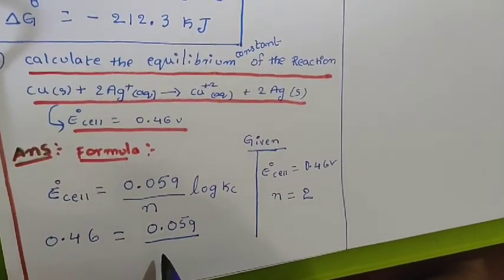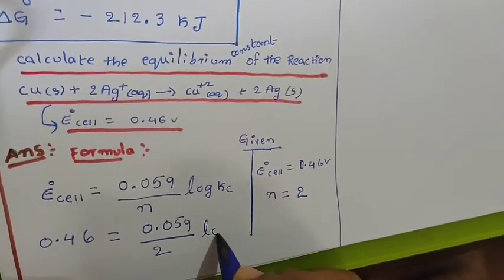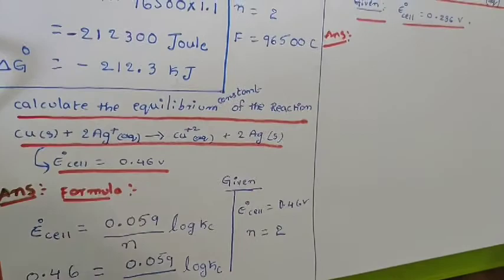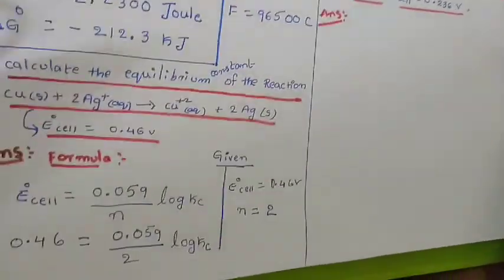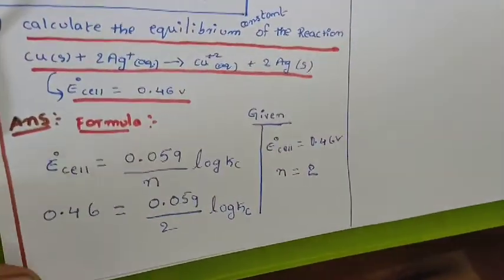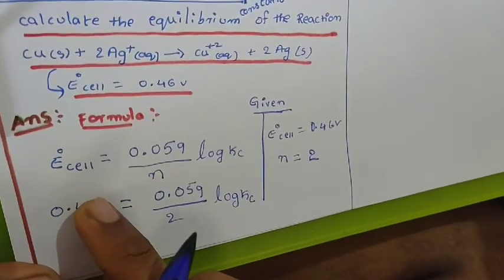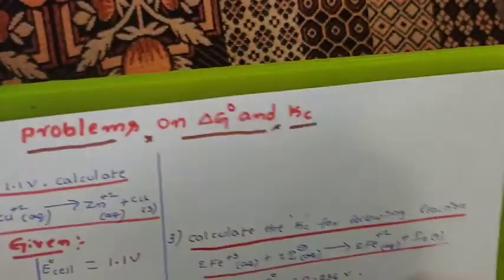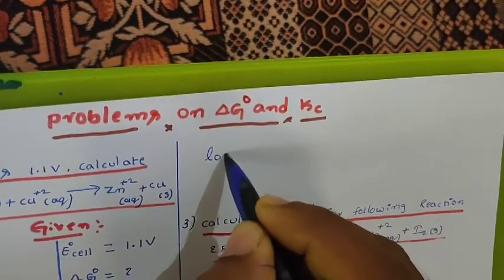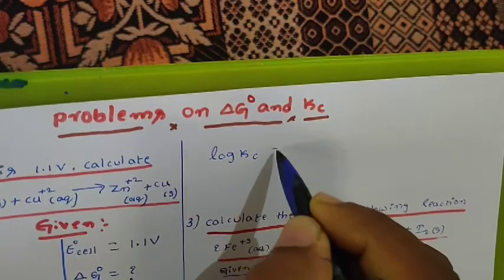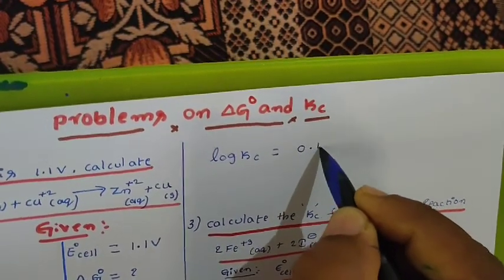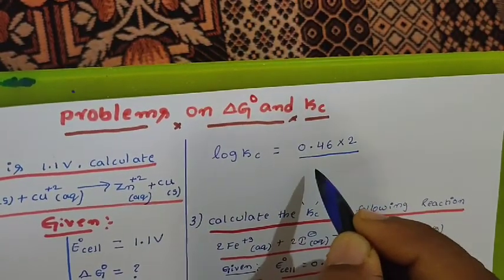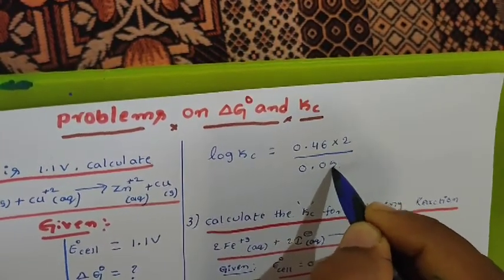The n value is equal to 2, that is log Kc. Let us go to the next step. Take the 2 here and 0.059 this side, then log Kc is equal to 0.46 into 2 divided by 0.059.